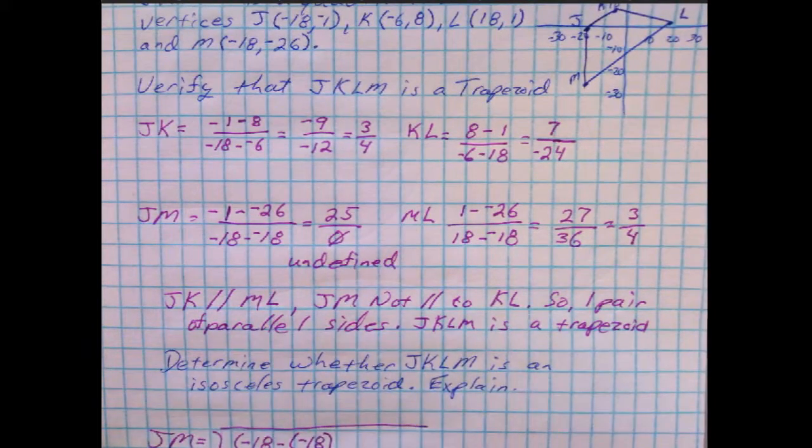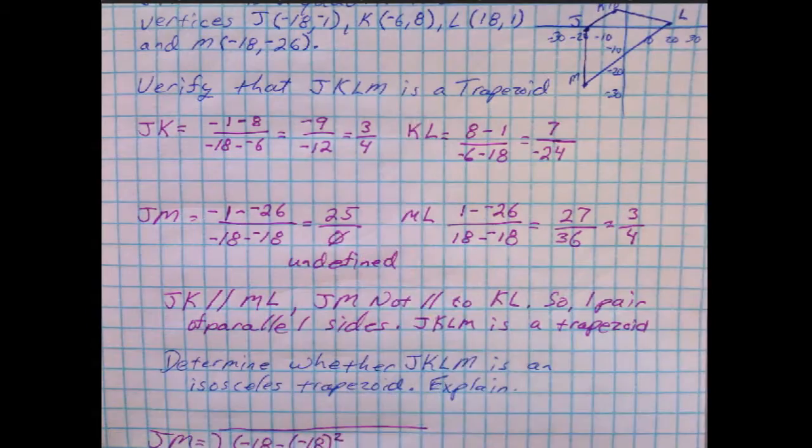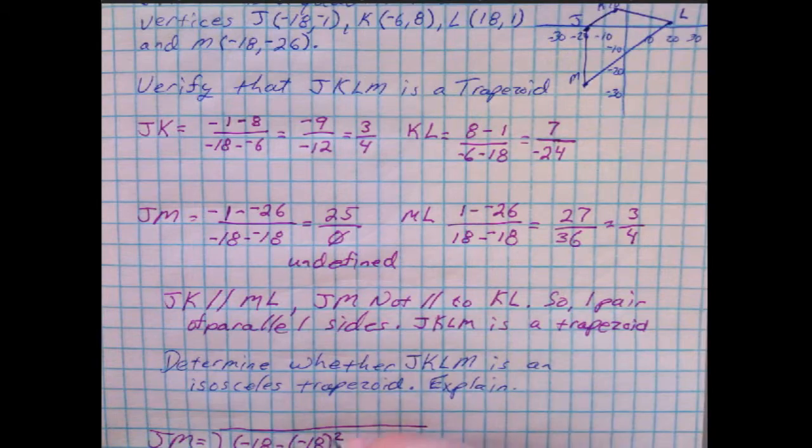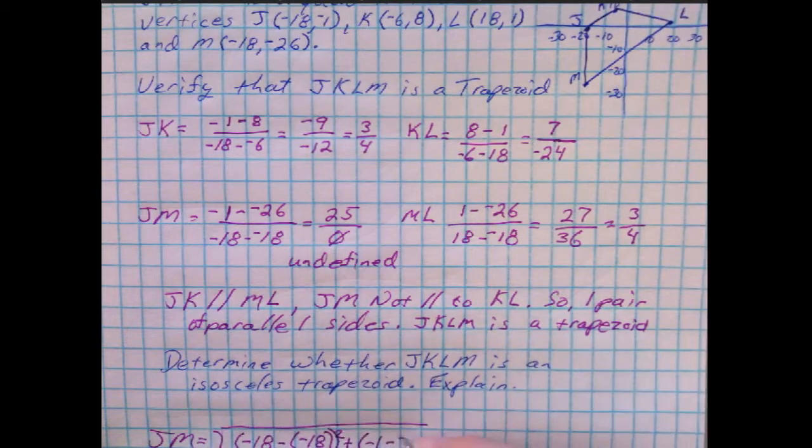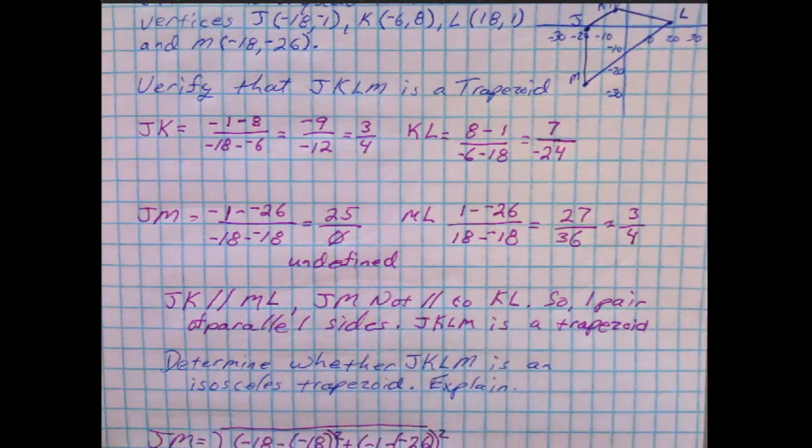I know you can't see what I'm writing very well, I will slide up here. I just wanted you to be able to see the coordinates that we're using. So it's negative 18 minus negative 18, and that's squared, plus our y's, we have negative 1 minus negative 26 squared.